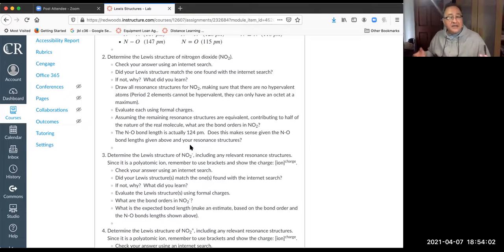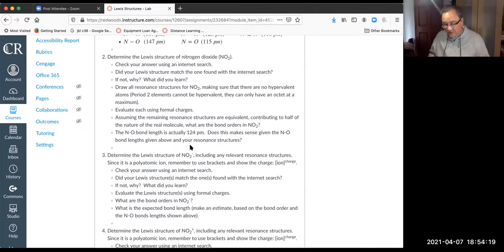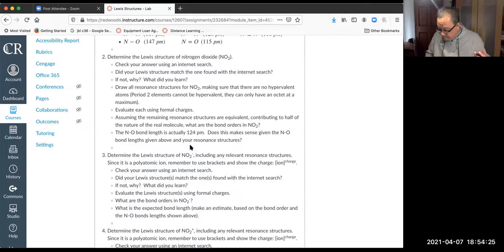Does this make sense? Here's what I would write. I'd say yes, it does make sense, but I'd expect it to be closer to, you see that 147 and 115, the difference is 32. Half of 32 is 16, and 115 plus 16 is 131.